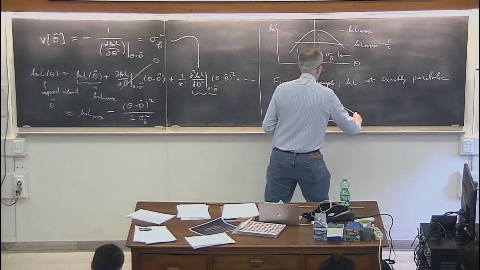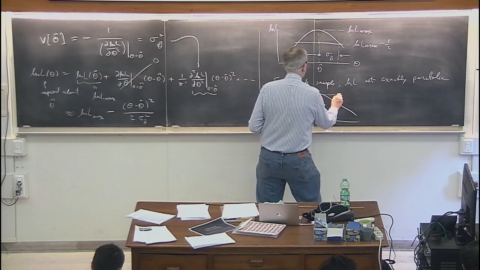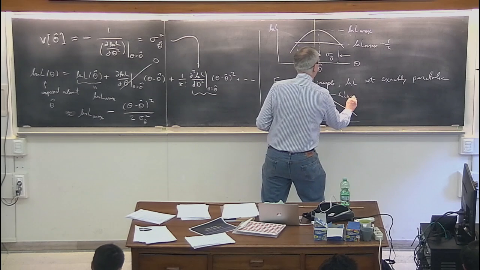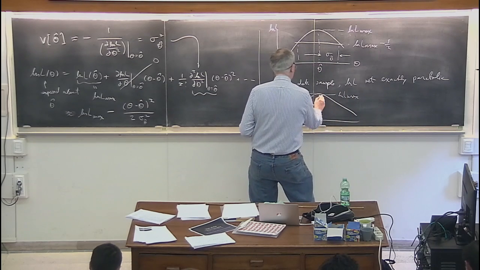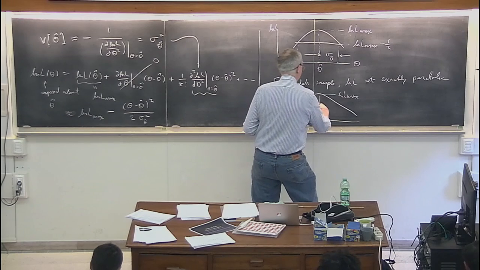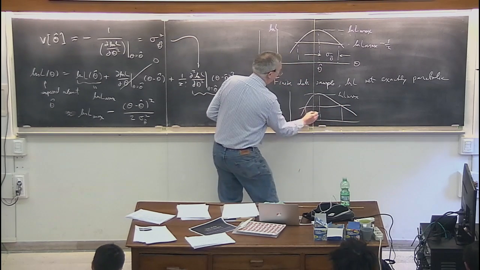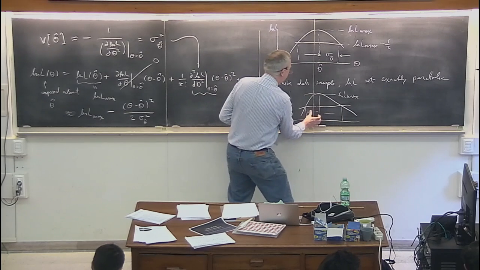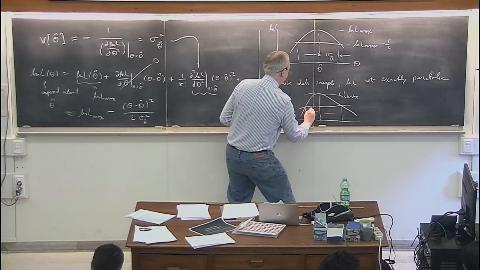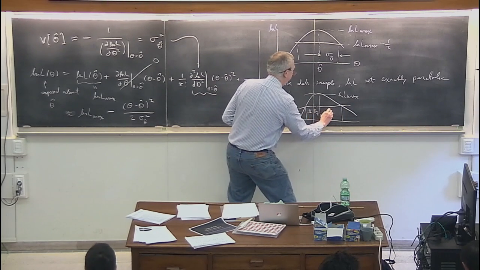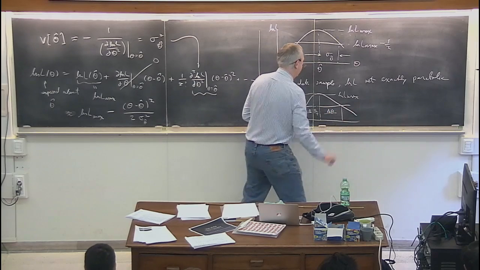Maybe it's kind of like that. And so there's the maximum. And so you might find that when you carry out this recipe, you get a different distance over here than you get over here. Maybe I'll call this distance delta theta plus, and this distance could be delta theta minus.